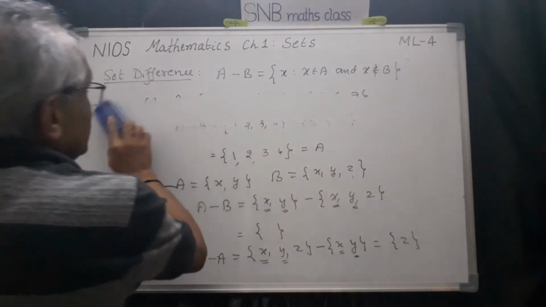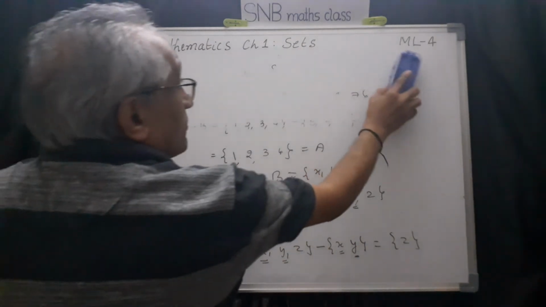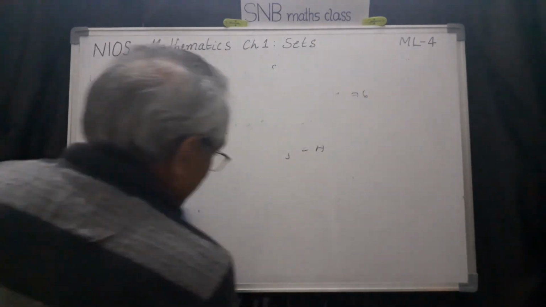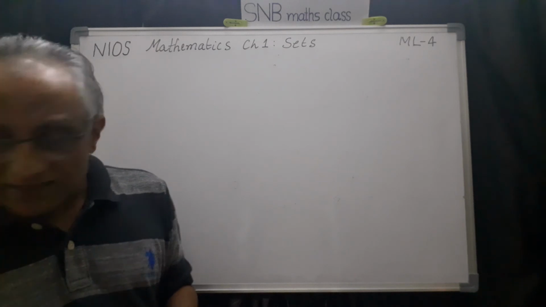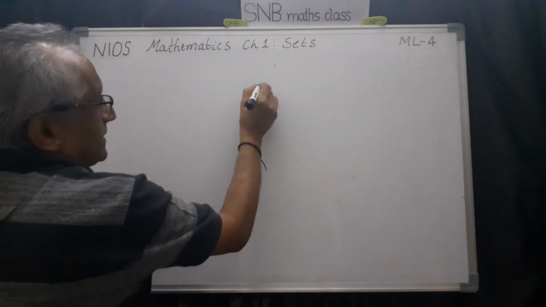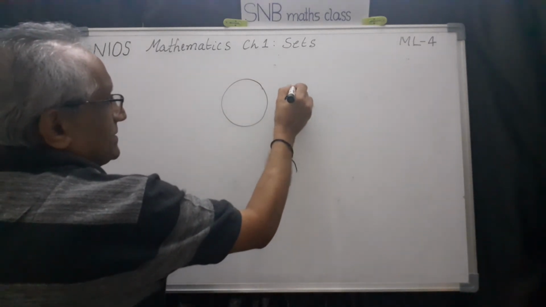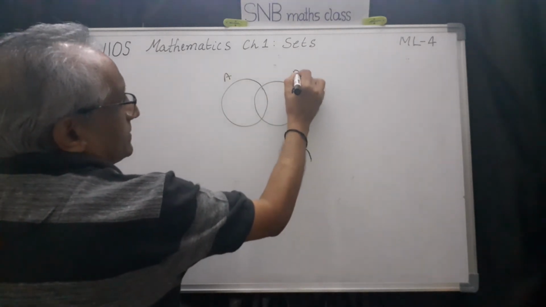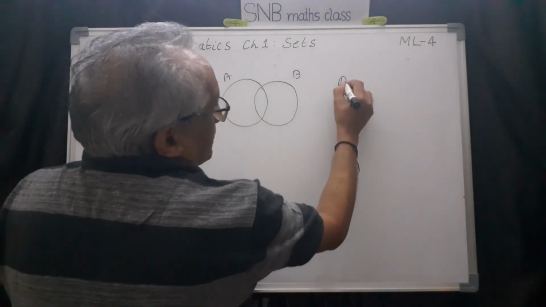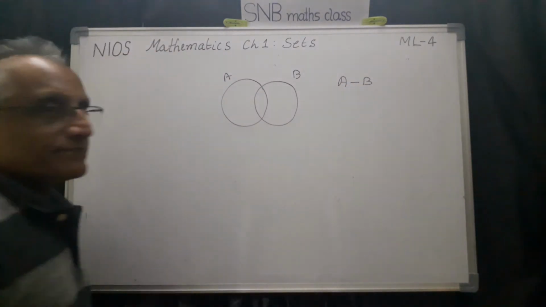Now the last concept of the difference is we can also represent them in a Venn diagram. So how to represent in general? Say for example, you take a set A. Universal set is not necessary actually. This is A, this is B. Now what do you mean by A minus B?